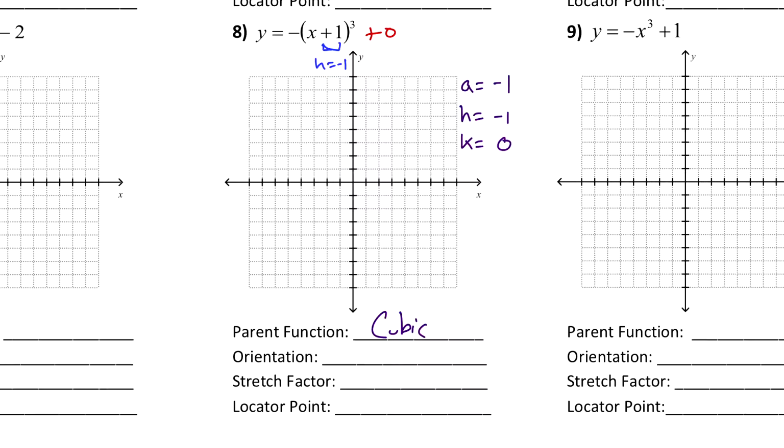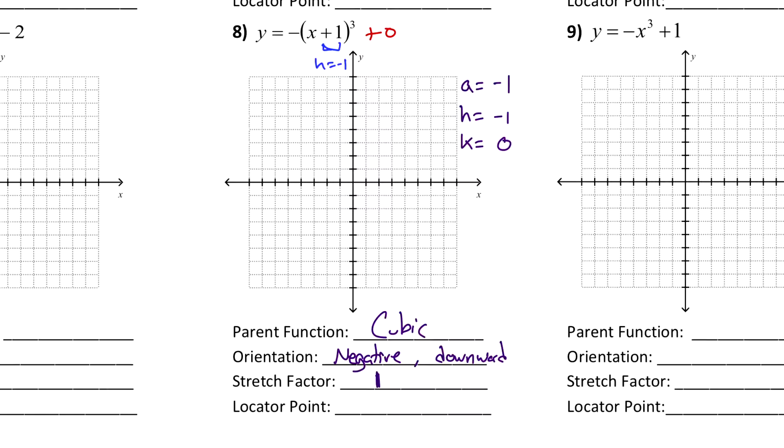So now that I know those, that tells me I have a negative orientation because the a value is -1, which means it's going to be facing downward, and stretch factor is still going to be 1. Even though the a value is -1, the stretch factor is the absolute value of your a value.